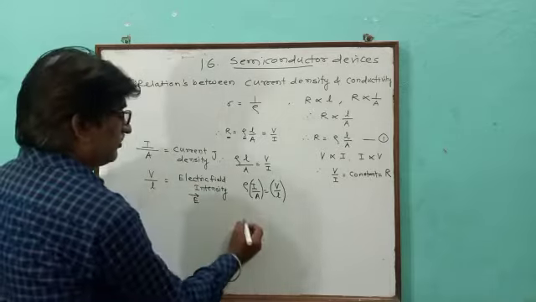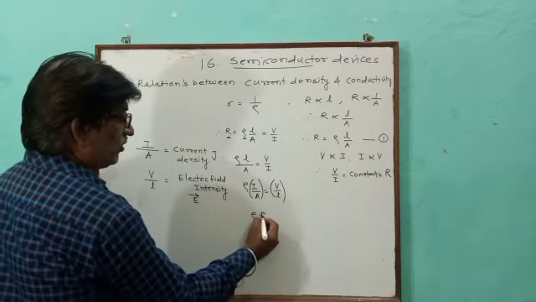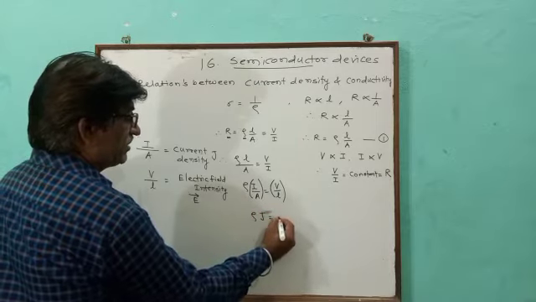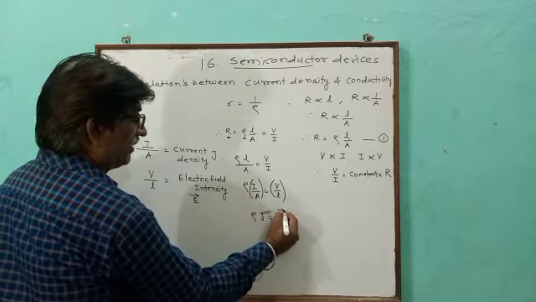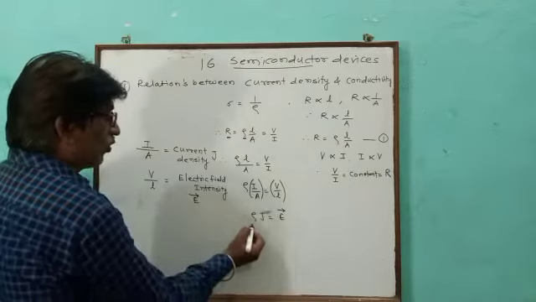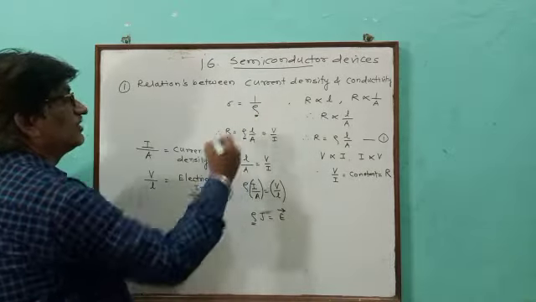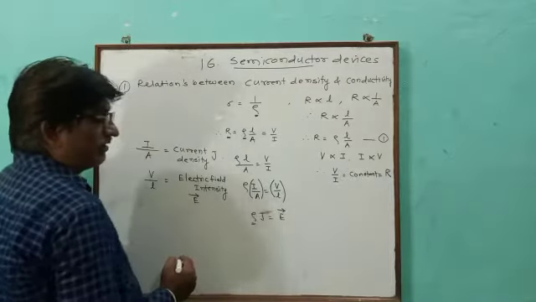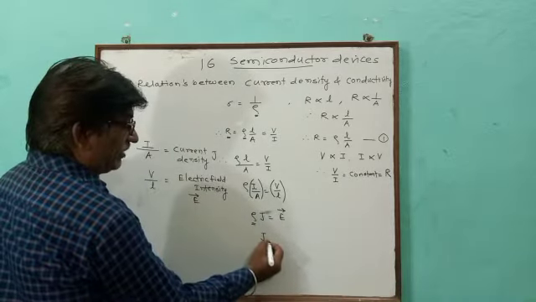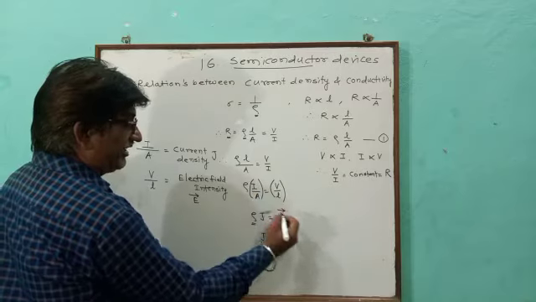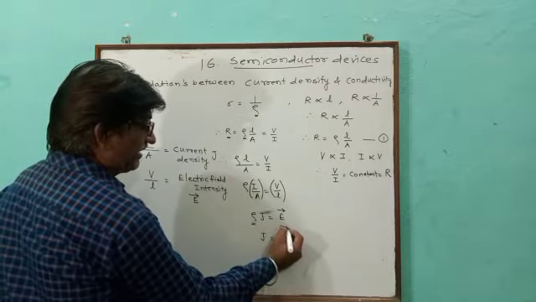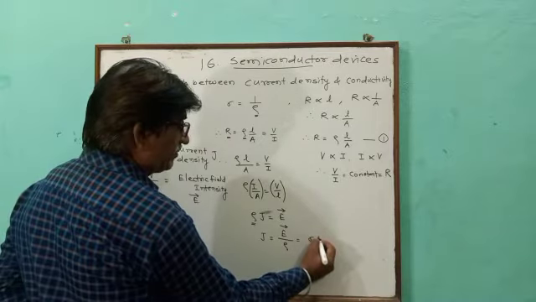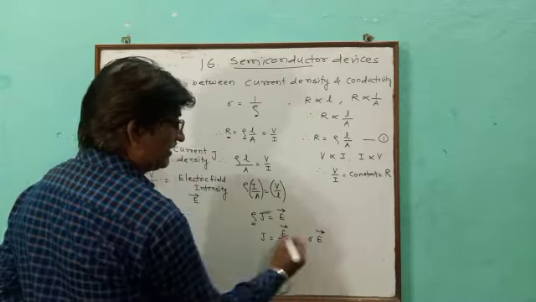So if we substitute here, rho J is equal to vector E. But we know that sigma is 1 upon rho. If rho is shifted to the right hand side, electric field intensity upon rho is sigma times electric field intensity.